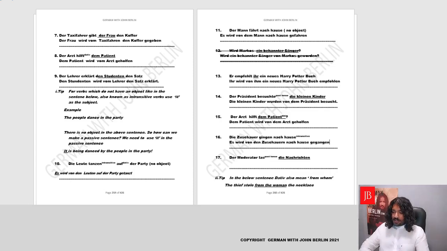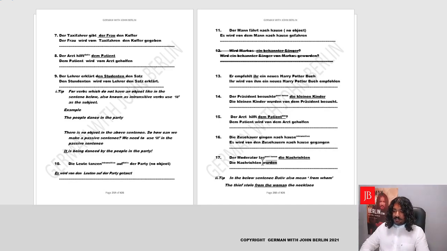So the Moderator las die Nachrichten. The moderator read the news. Yes, so basically, let's see it like this. What are being read? Die Nachrichten. That will be changed into the subject. The Nachrichten. It's plural, so we'll write werden, but the tense is past, so we'll keep care of that and write wurden. Ich wurde, du wurdest, er, sie, es wurde, wir wurden, ihr wurdet, sie, sie wurden.